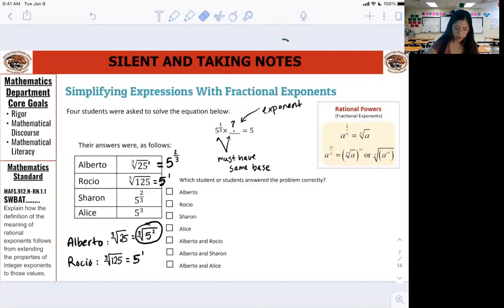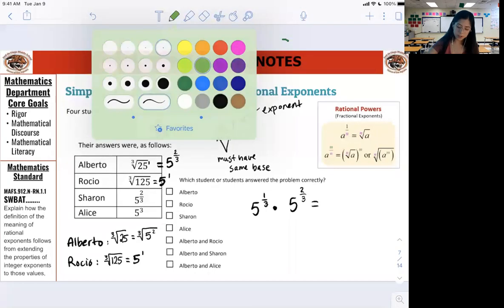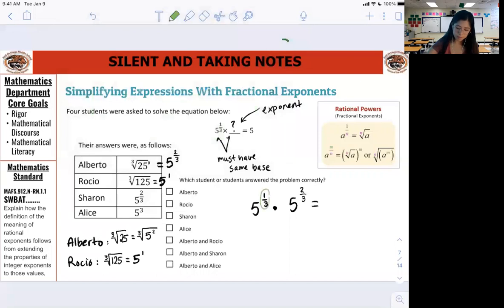All right, so now I've got all these matching bases. Now let's actually see what happens. I'm going to go with Alberto first. I'm just going to put his number in there: 5 to the power of 1/3 times 5 to the power of 2/3. What do I do to those exponents? Add.